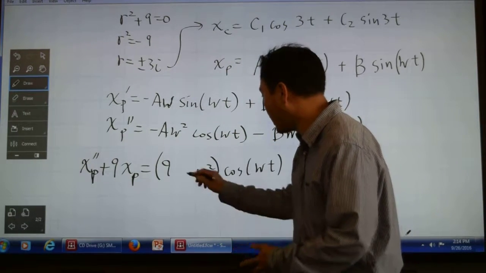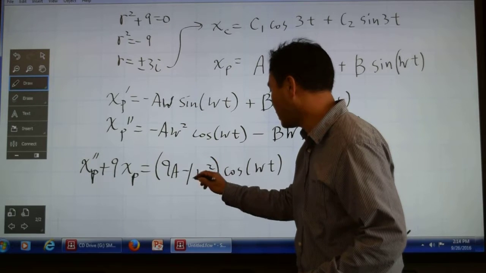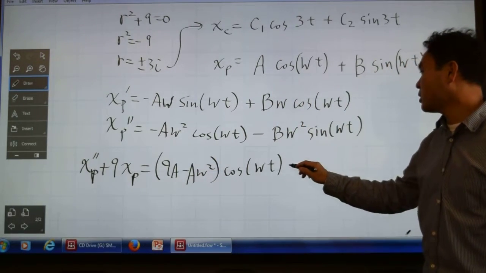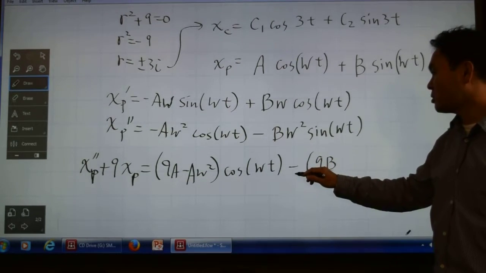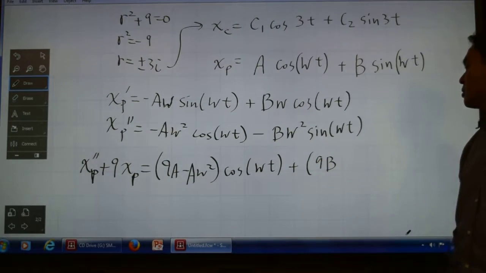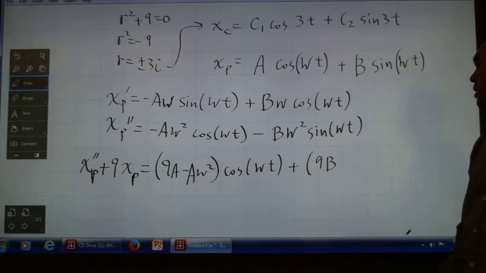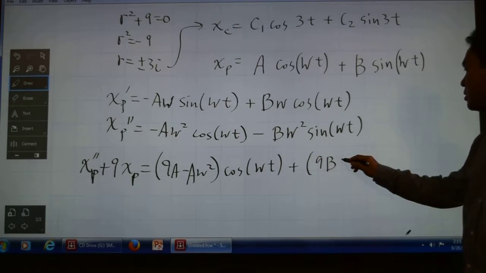I get 9A minus Aw squared cosine wt, and then plus 9B minus Bw squared sine wt.